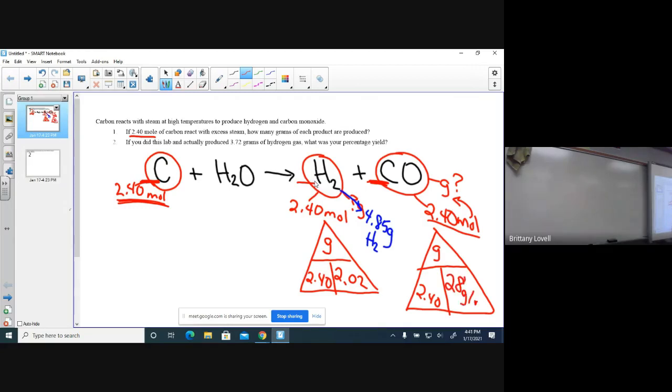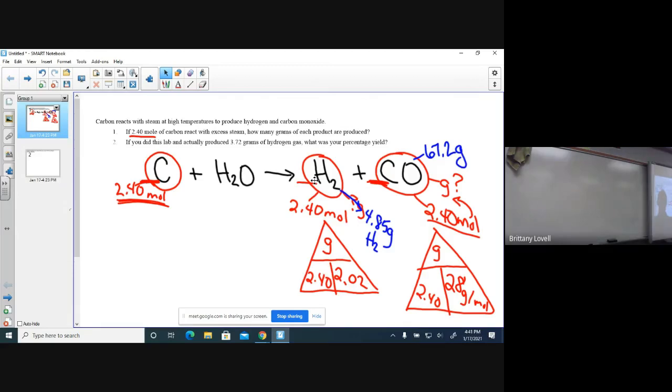That's the molar mass, right? And then I'm just going to multiply 2.40 times 28. I'm going to get 67.2 grams of carbon monoxide that would get produced. Okay. All right. So now at this point, I've got my answers. I've got my grams of each product produced.